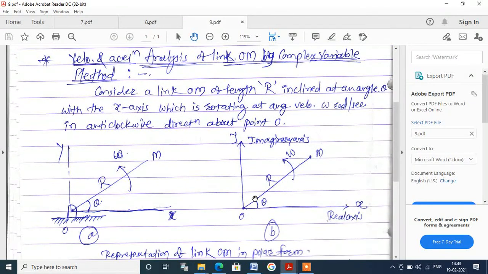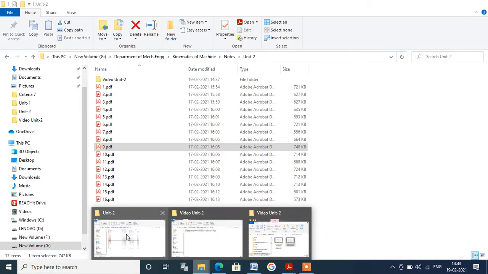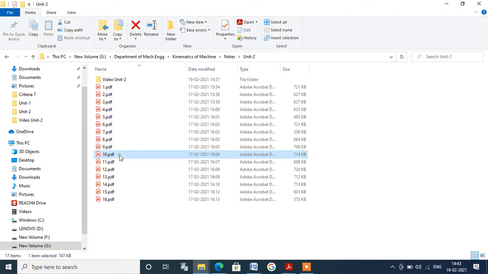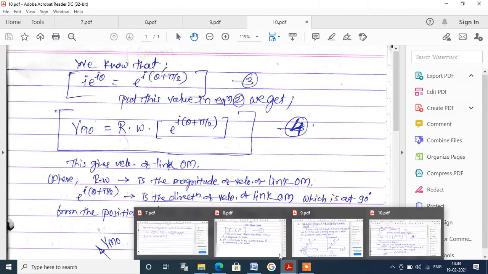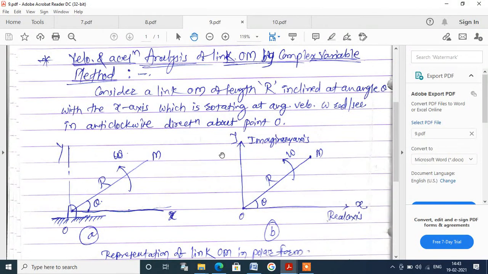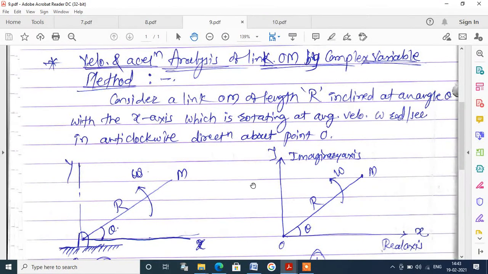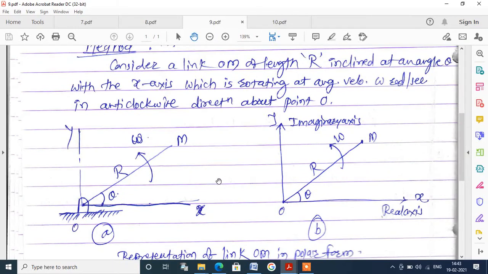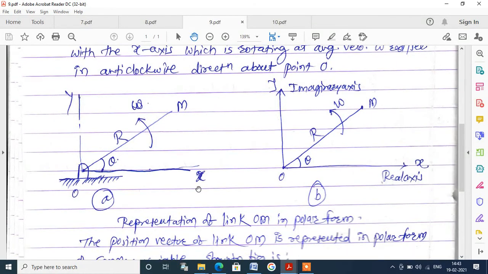So here we have to see velocity and acceleration analysis, correct? Velocity and acceleration analysis of a link, let us say OM, this is the link. We have to find it out by the complex algebra method. So consider a link OM of length R. It is inclined at an angle theta with respect to x axis, and it is rotating, let us say, at an angular velocity omega radian per second in anticlockwise direction about point O. So this can be represented in this form: real axis and imaginary axis.